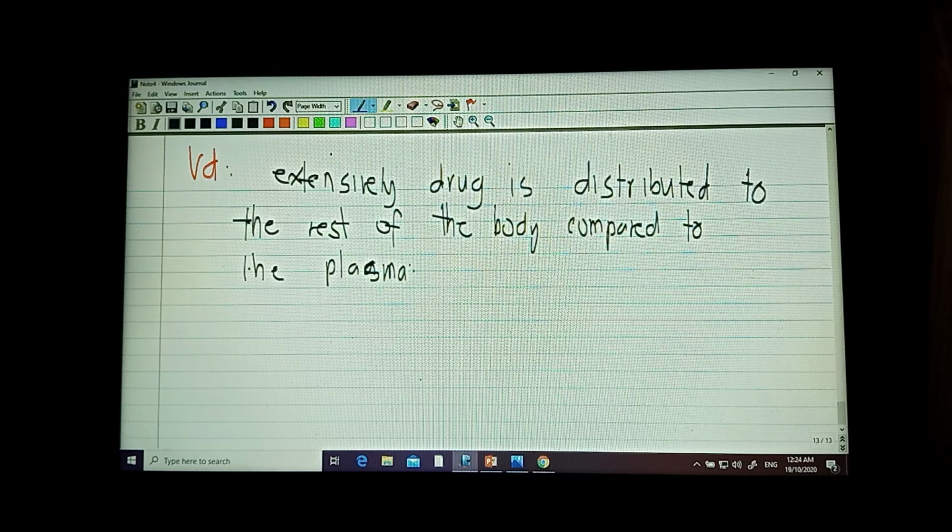It is actually defined by the ratio of the amount of drug in the total body to the concentration of drug in the plasma. So, how do you compute?